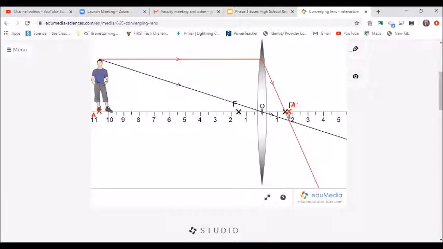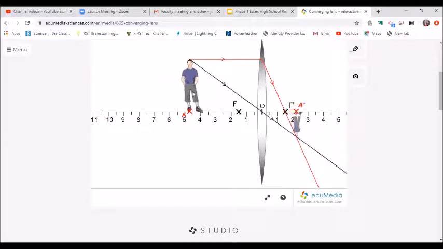So what is an image anyway? Well, if we take a look, we can draw rays of light coming out from all directions from this object. But there are a couple of easy ones where we know exactly what the path is. So a ray parallel to the principal axis is going to refract through the focus. We already talked about that.